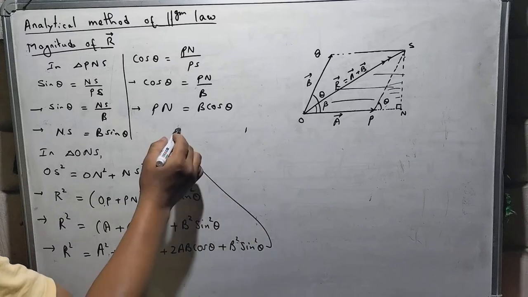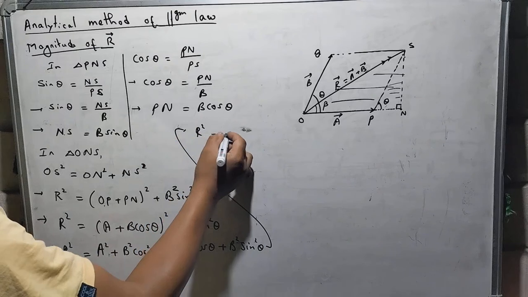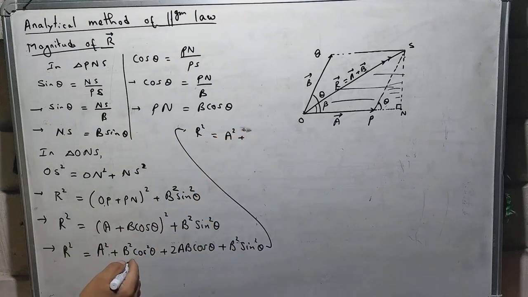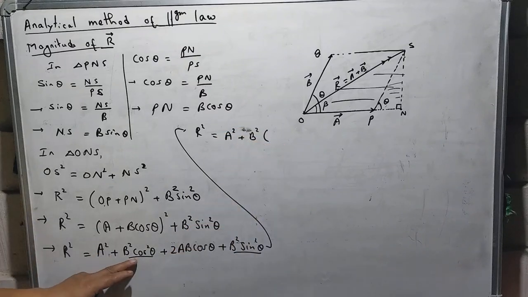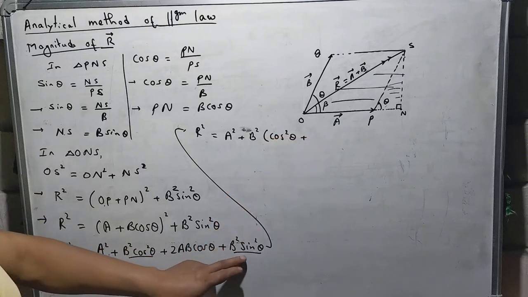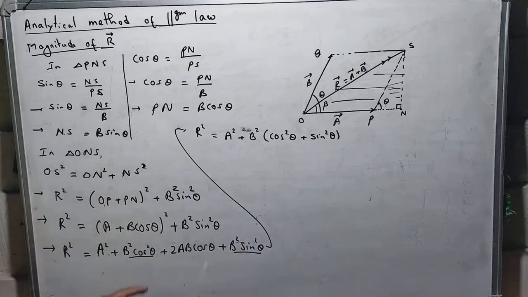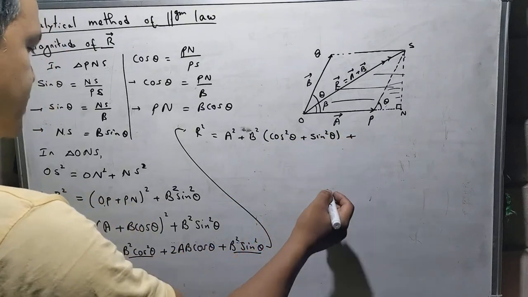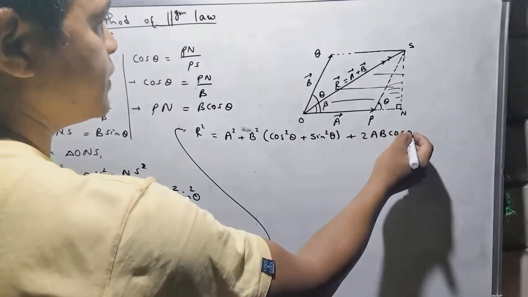Okay, or R square is equal to A square plus, now combining B square cos square theta with B square sine square theta, if you take B square common inside the bracket you get cos square theta plus sine square theta, and the term that we have not taken is 2AB cos theta.